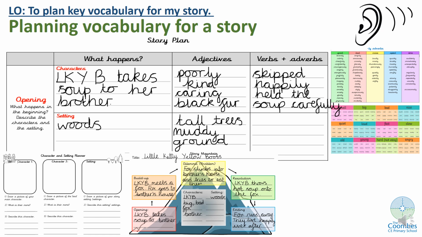And now let's go on to my adverbs then. So she's in the woods thinking about maybe the movements that the trees could do. Maybe the branches swayed gently in the wind. I'm going to say that they swayed gently.